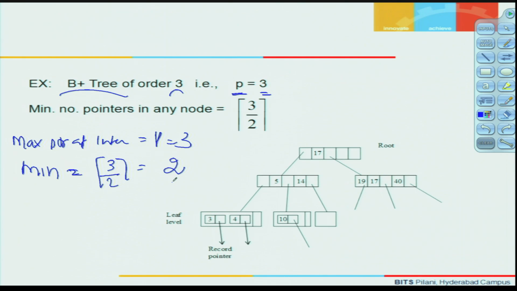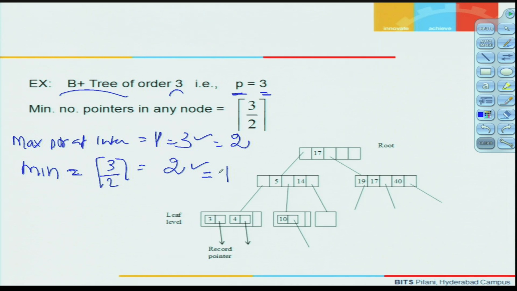That means any internal node must have at least 2 pointers, and at most 3 pointers. And when it has 3 pointers maximum, what is the maximum number of keys possible? Only 2 keys are possible. And if it has a minimum of 2 pointers, then minimum 1 key must be there at the internal node.